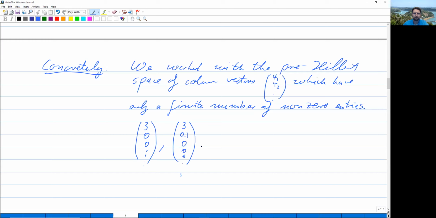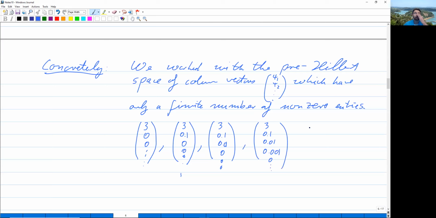The rest is all zeros. Now, the next vector has entries 3, 0.1, 0.01, 0, 0, 0, forever zeros. And then we have 3, 0.1, 0.01, and then 0.001. And then the rest is zeros all the way.